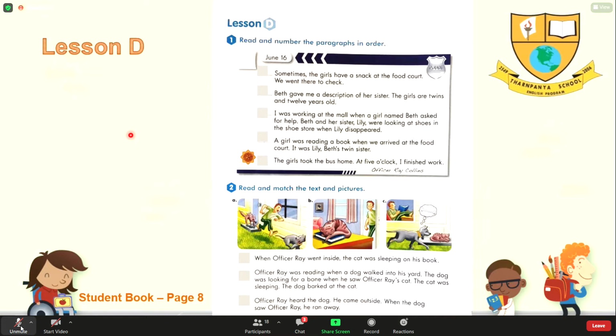Sometimes the girls have a snack at the food court. We went there to check. A girl was reading a book when we arrived at the food court. It was Lily, Beth's twin sister. The girls took the bus home. At 5 o'clock, I finished work.